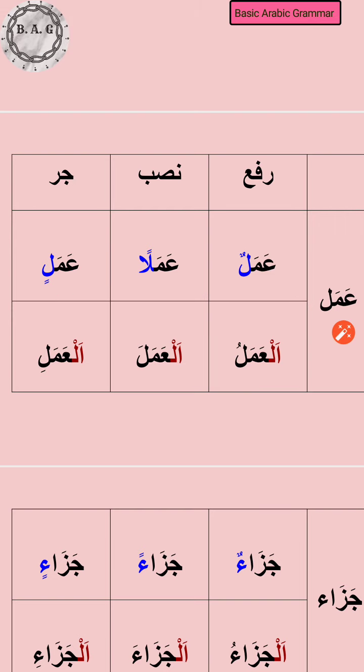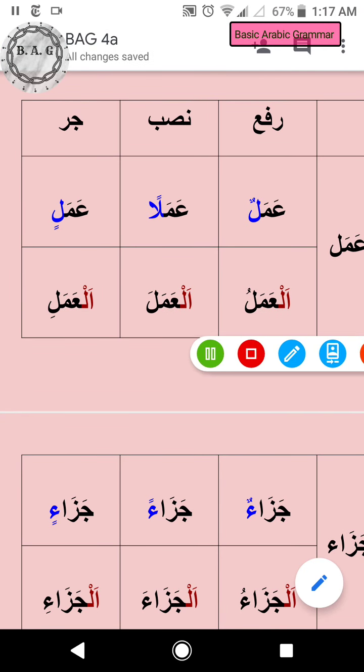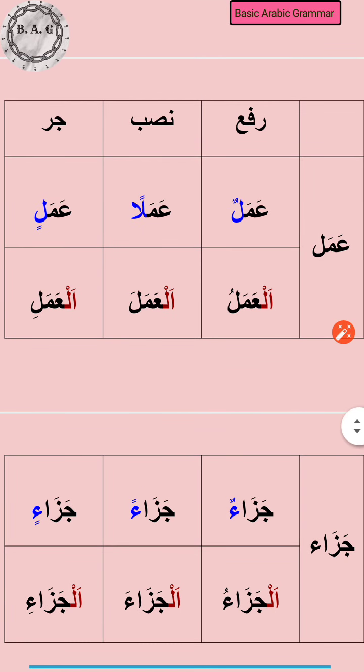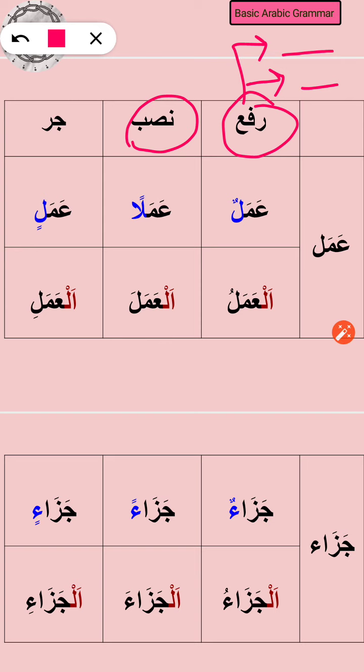Next, while you are practicing these rafa, nasab, jar forms, it would be actually better if you keep bringing this to your mind: what does rafa signify? There were two things, either the default state of an ism, or it's going to be a fa'il. Next, nasab was any kind of detail, or is going to be one of the 11 mansubat that we're going to cover step by step, inshallah.